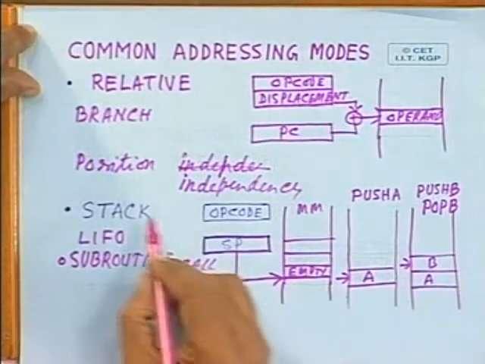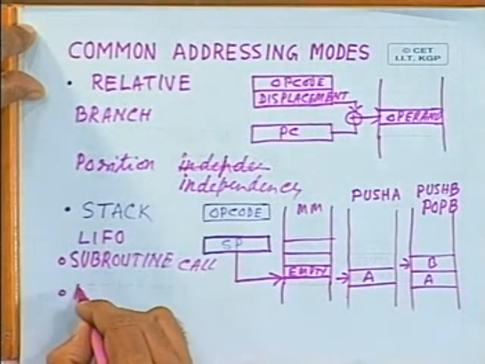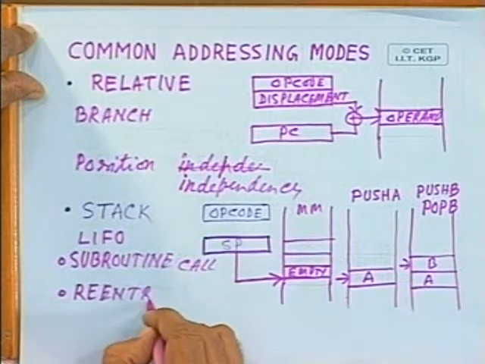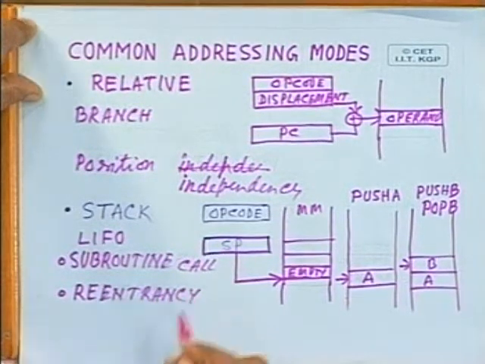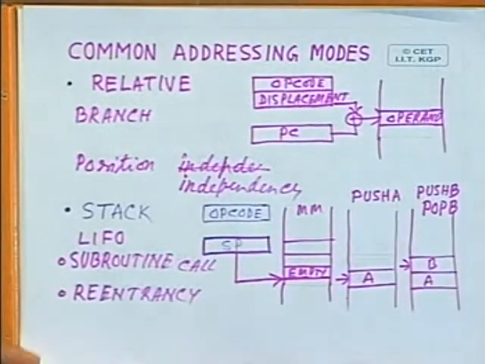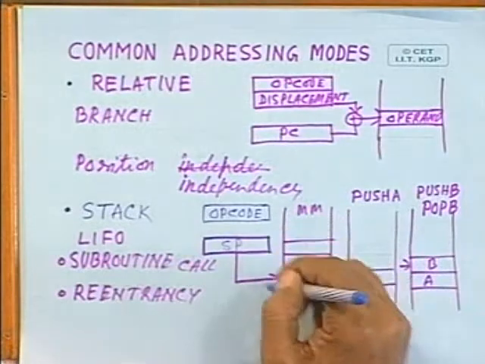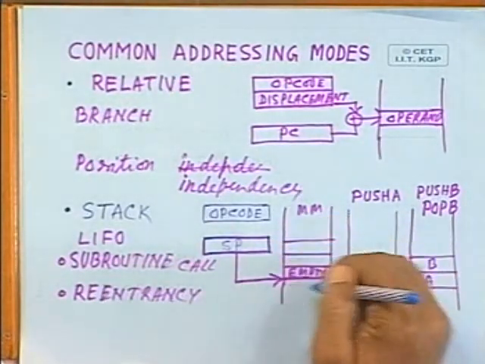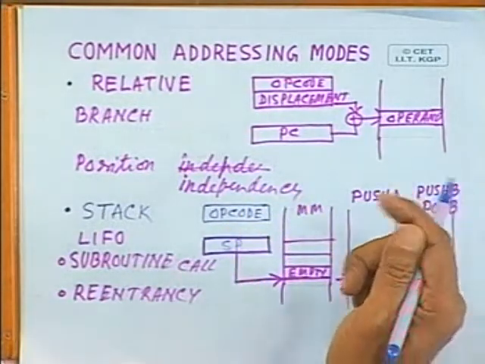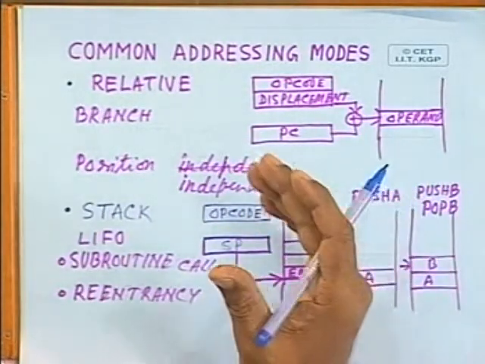And this stack addressing also facilitates re-entrancy. A program can be made re-entrant with the help of stack addressing, because whenever you call it once again, the information up to the point that has been executed can be stored in the stack.